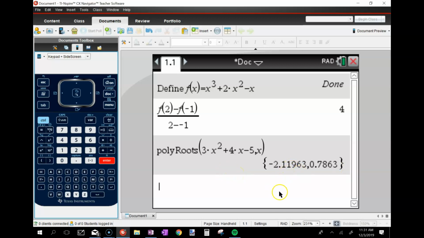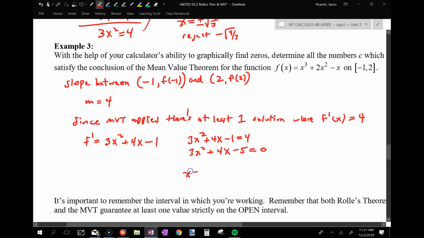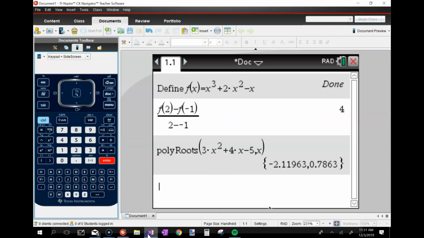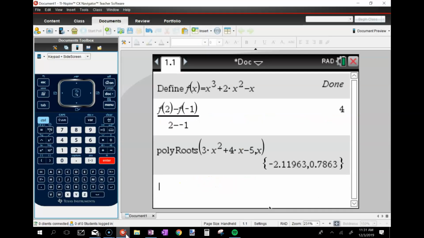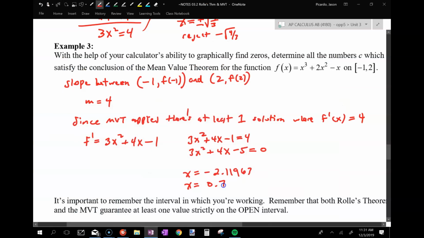Negative 2.11963. Bang. That's an 0.863.